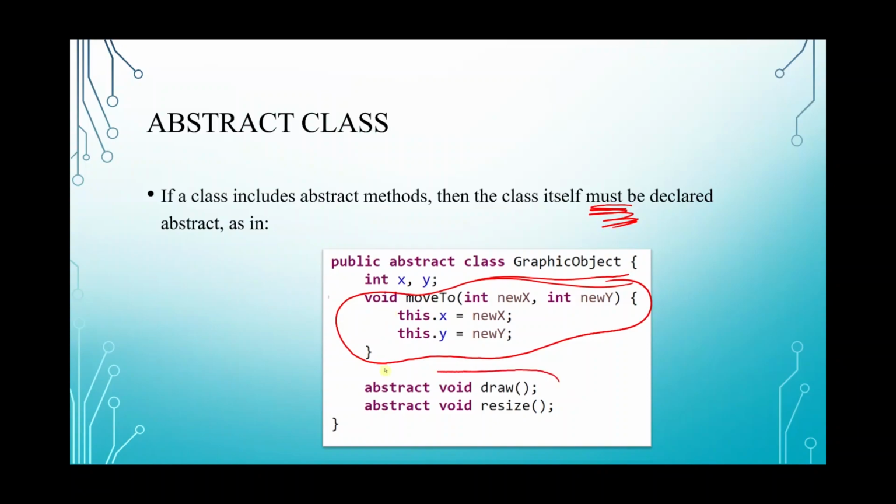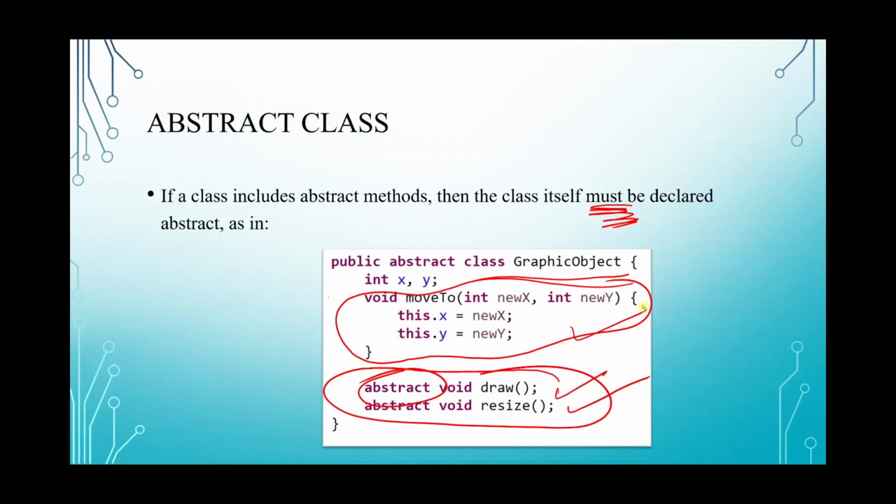But you have two abstract methods, and if you have abstract method in an abstract class, you have to have the abstract keyword. If you have abstract method in an interface, you don't have to. So we have two abstract methods, draw and resize, and one non-abstract method in the class.